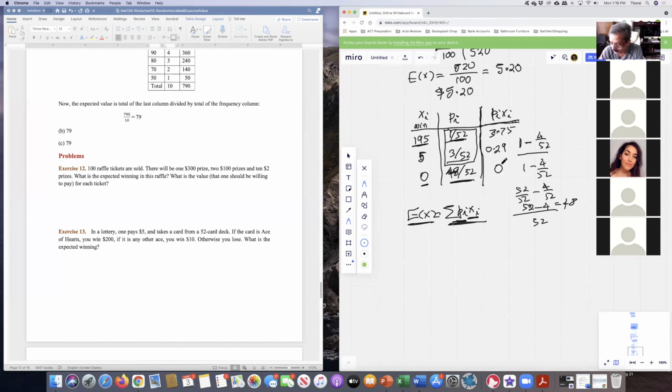And this is 0. 48 over 52 times 0 is 0. So that's why I didn't bother to simplify that number. Now I need to add up these numbers, 3.75 and 0.29.